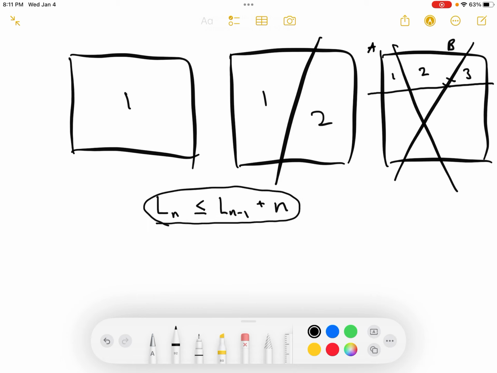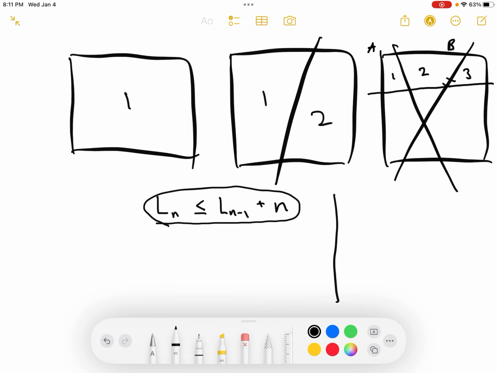And now we have to prove that this is a necessity, meaning that we can achieve equality, not just inequality, by drawing the nth line.